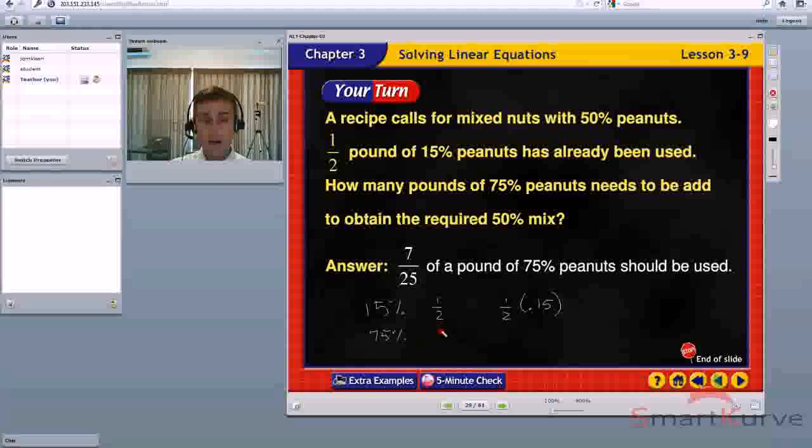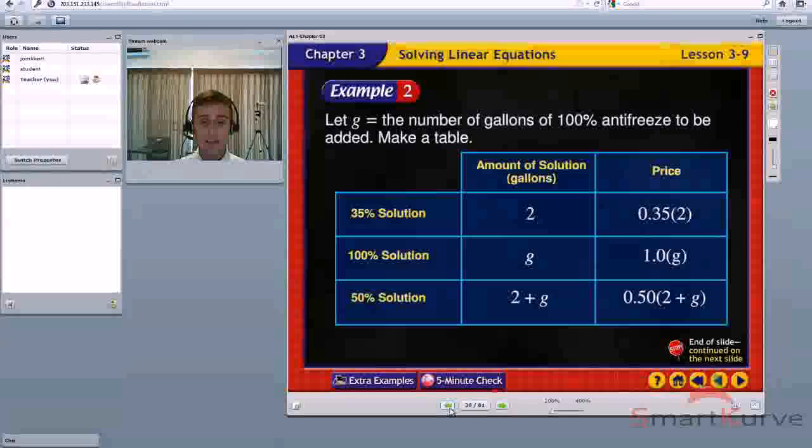We want to know how many pounds, P for pounds, will be required to find this final mix. So we know it's P times 0.75. How much to obtain the needed 50% mix? To get the 50% mix, we're going to look back at the other table.